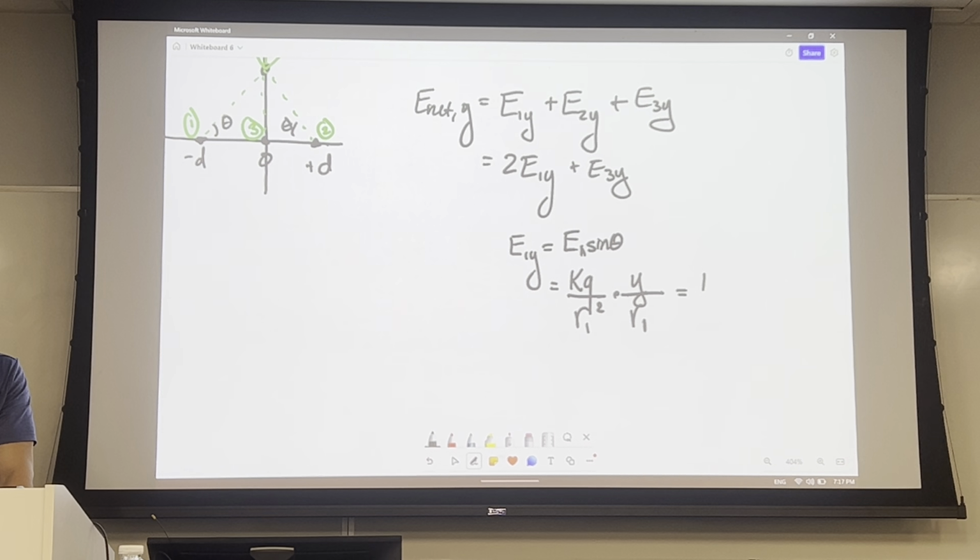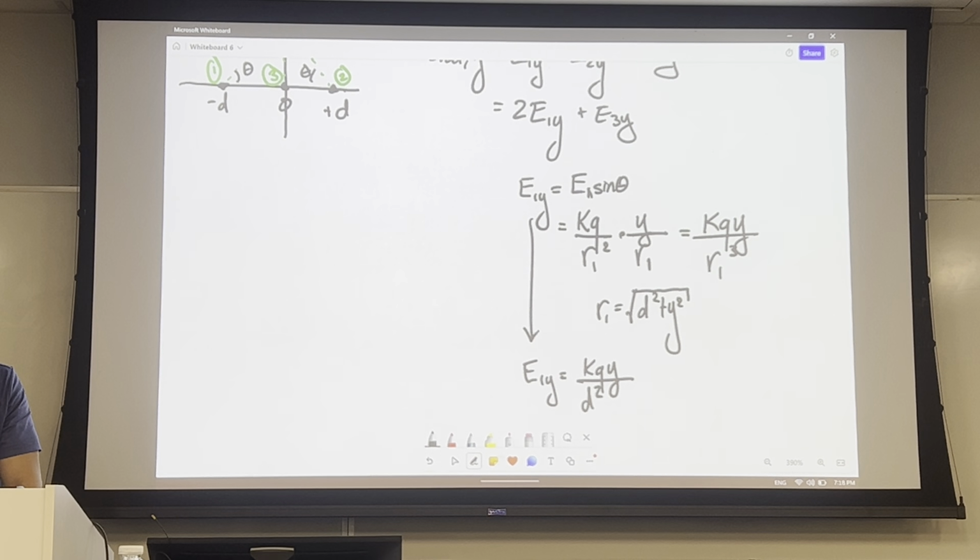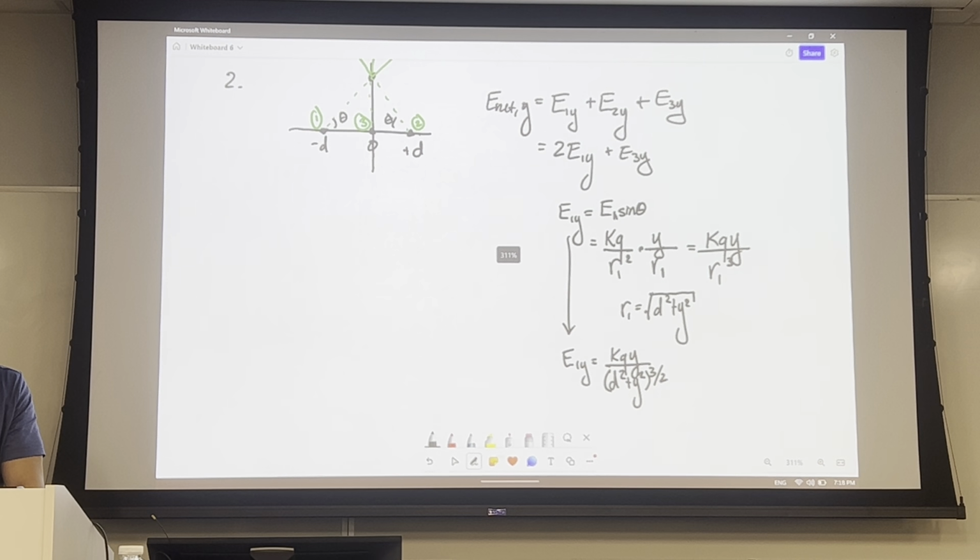So in total, this is going to be KQy over R1 cubed. But what is R1? You use the Pythagorean theorem, which is the square root of d squared plus y squared. So then E1y is equal to KQy over d squared plus y squared raised to the 3/2 power. So that gives us this guy. We're still missing E3y, so that's what we need to do next.